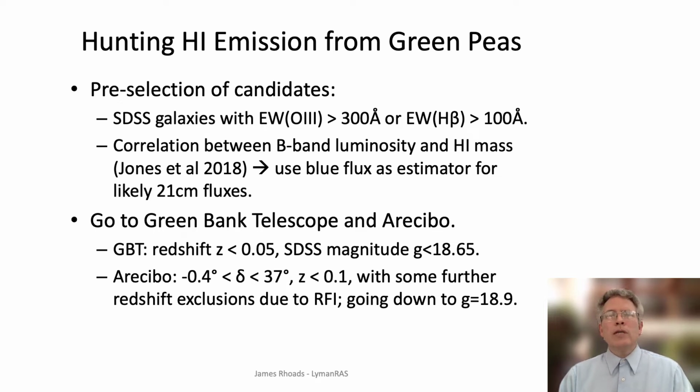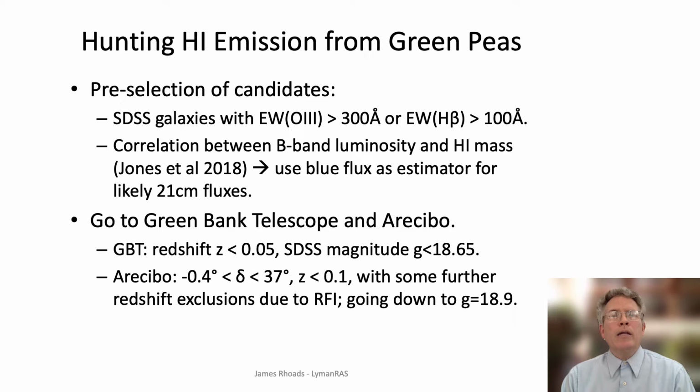Then, in order to see what we could reasonably go after with the radio telescopes, we exploited a correlation between blue luminosity and HI mass, and essentially end up using the blue flux of the object as a crude predictor of what the HI flux might be. And then you look at what radio telescopes are available, and we went to Green Bank and to Arecibo.